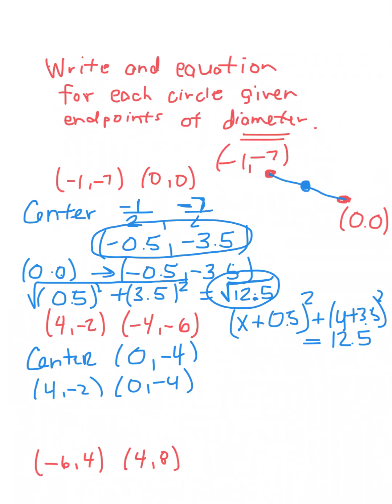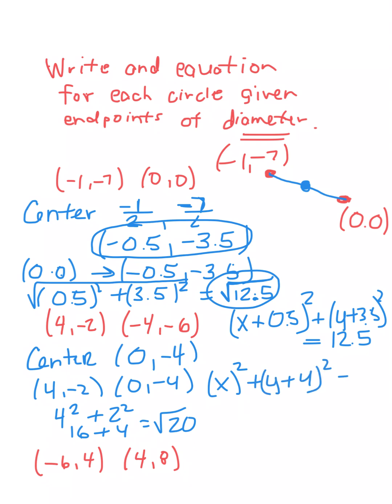Using the distance formula, change in x is 4 squared, change in y is 2 squared. That is 16 and 4, so the square root of 20 is my radius. Using my center, it'd be x minus 0 squared plus y plus 4 squared equals the square root of 20 squared, which would be 20.